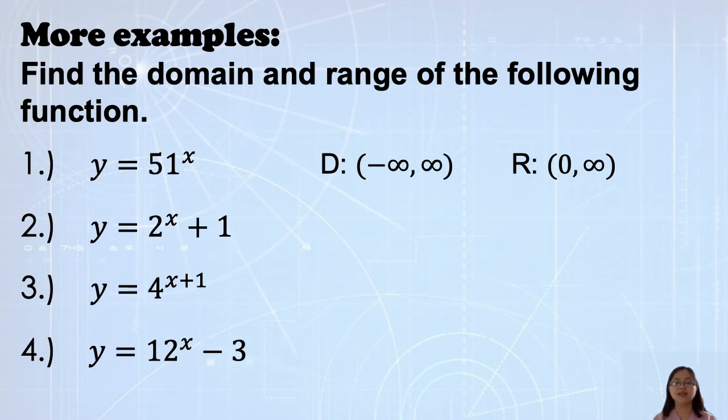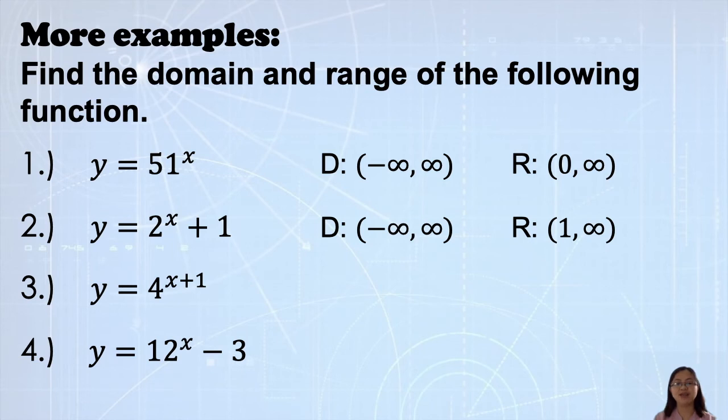Next, we have y = 2^x + 1. In that case, still, we conclude that the domain of an exponential function is the set of all real numbers. And then for the range, it depends on our c in this kind of form. So we have positive 1, comma, positive infinity.